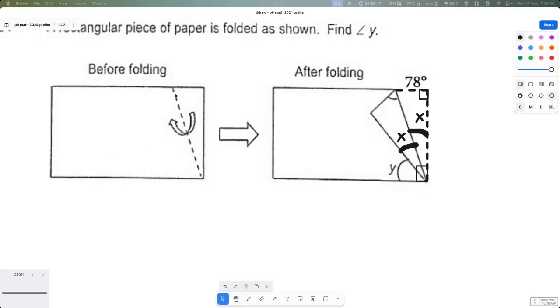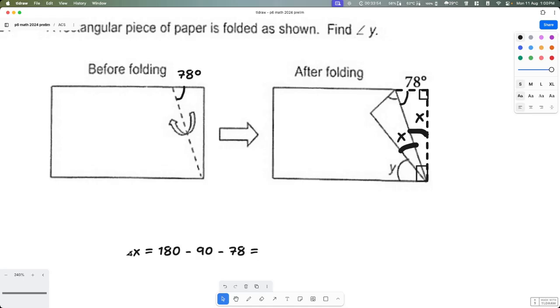So actually you can get the angle here. This angle over here, can you guess what's the angle? 78 degrees, right? When you fold, it will still be 78 degrees. So from here, this is also 78 degrees. So let's get the angle x. Angle x is equal to 180 minus 90 minus 78.